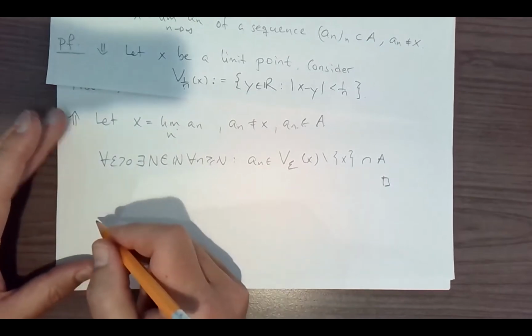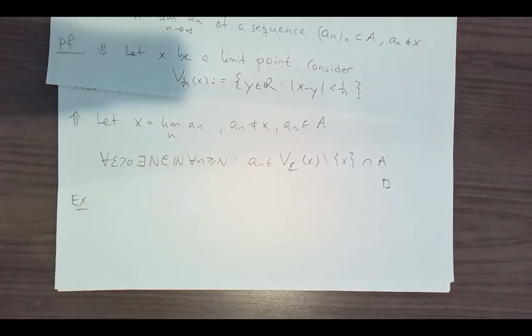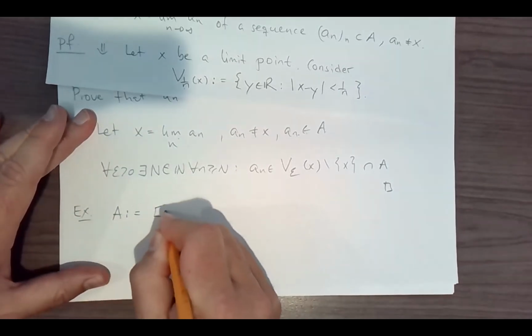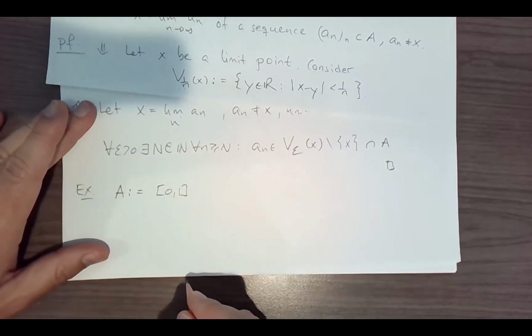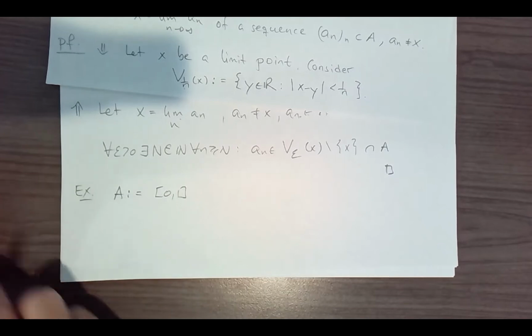To get a feeling for these limit points, maybe we can consider, I take A to be, say, 0 to 1. So what kind of limit points do I have?